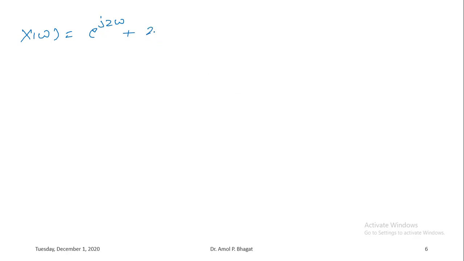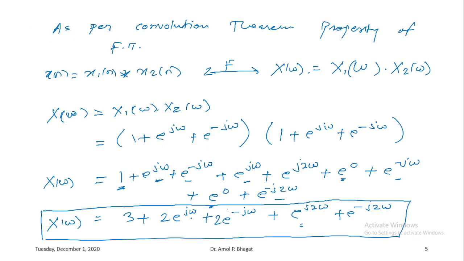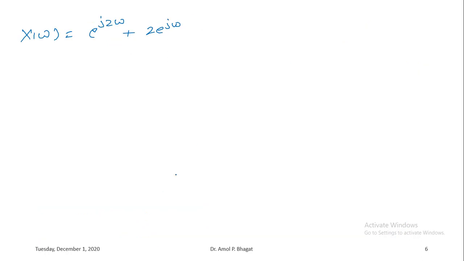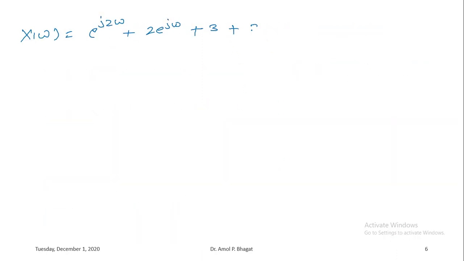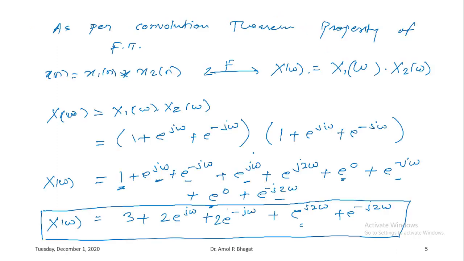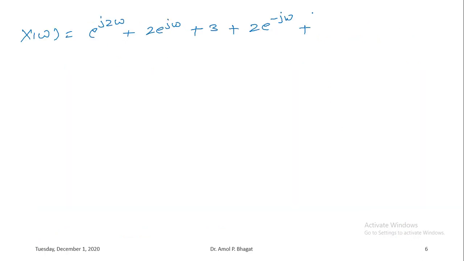Then there will be the sample at origin, that is nothing but 3, where the e power is 0, right? So 3 plus again 2 into e to the power minus j omega, so this will be at n is equal to 1, right? Plus the last term is e to the power minus j2 omega. Okay.